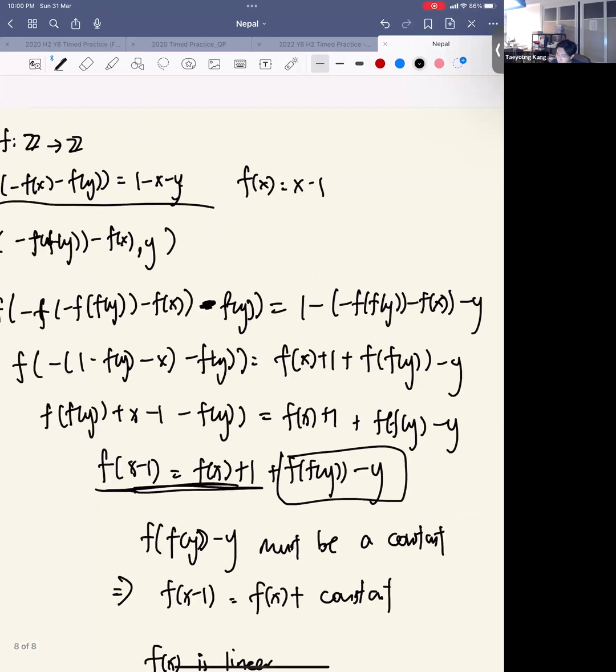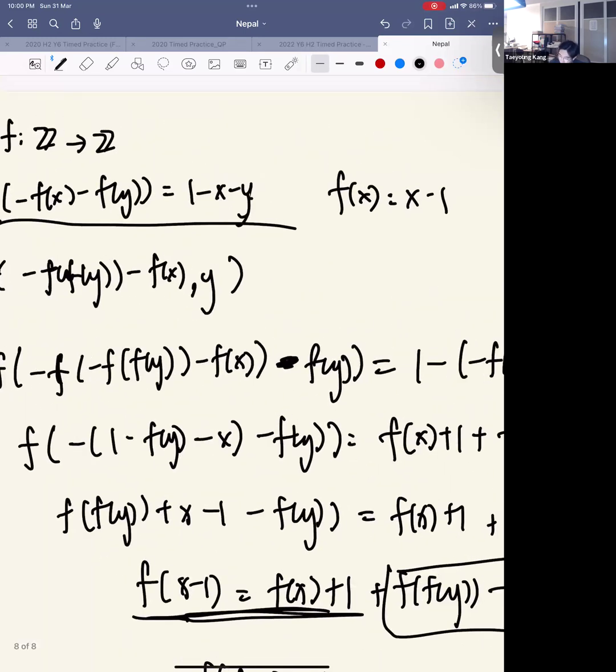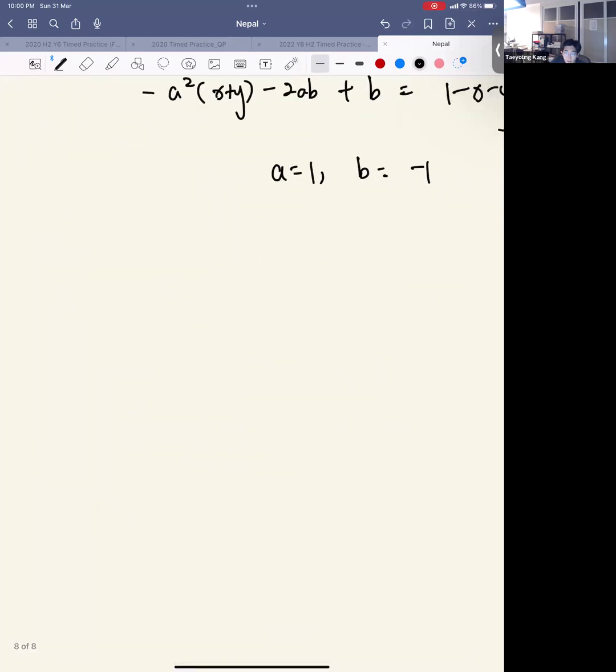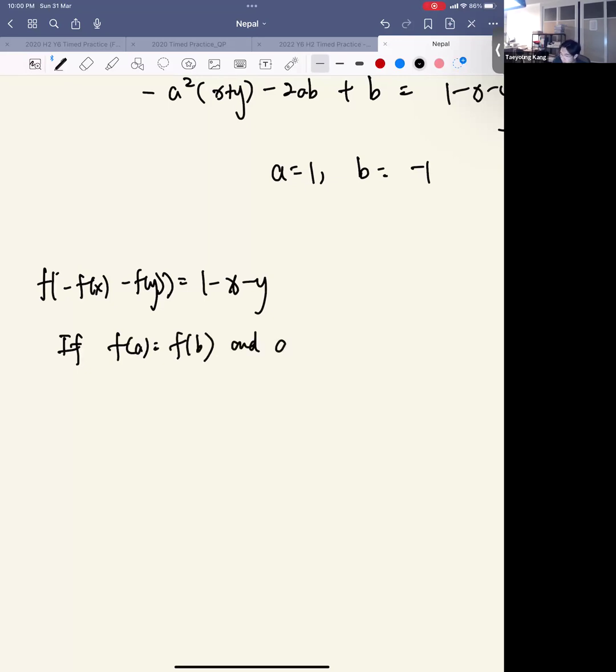The injectivity is quite easy to show because of the original function. Let me check the original function. The original function is f(y - f(x) - y) = y - x - y, right? So if f(a) = f(b) and a is not equal to b, just substitute x = a and x = b.